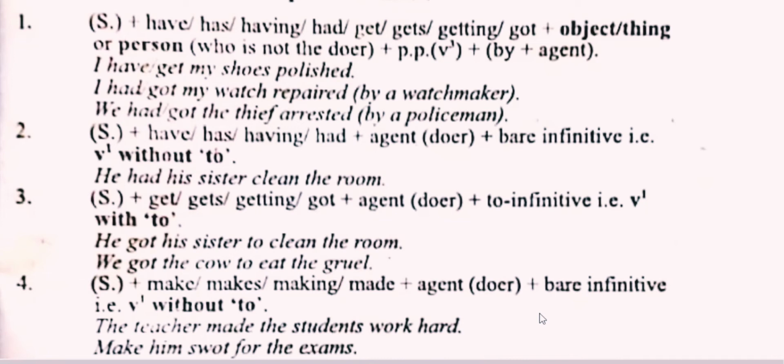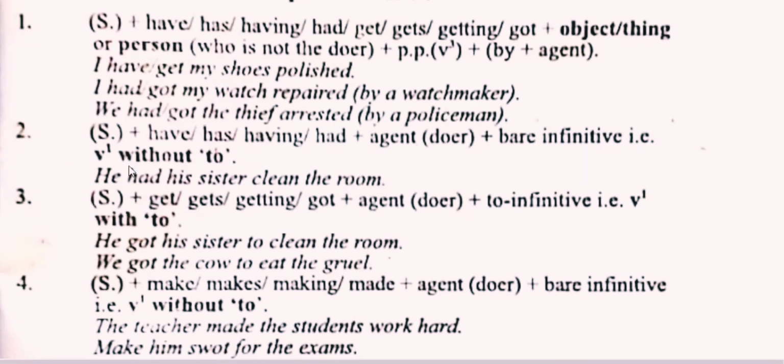In the fourth structure as well, you see there, the same: subject plus make, makes, making, made plus agent, doer of action, plus bare infinitive, that is verb 1 without to. Means in number 2 and 4, if there is the causative verb have and causative verb make, then the agent comes in both structures, plus we write V1, but we don't use to. Where do we use to? In number 3, you see, third structure.